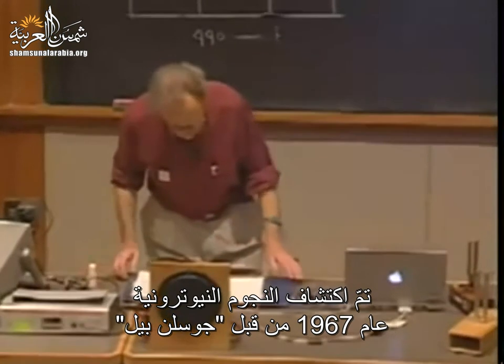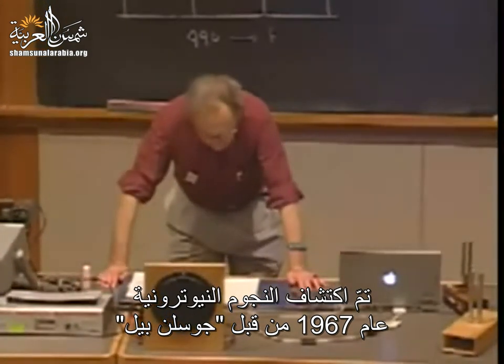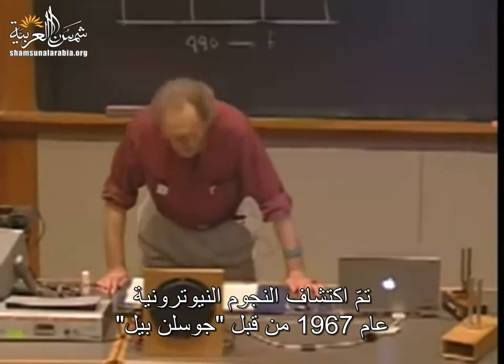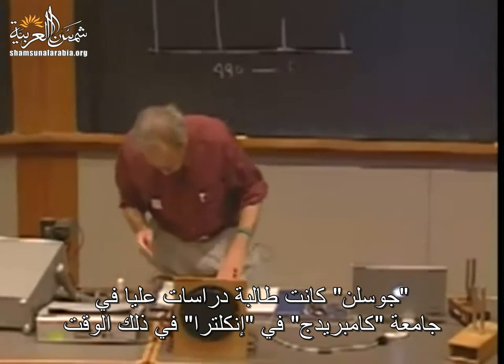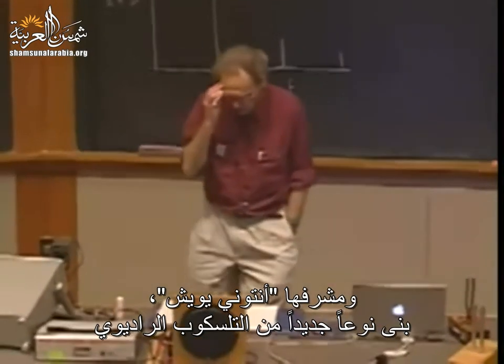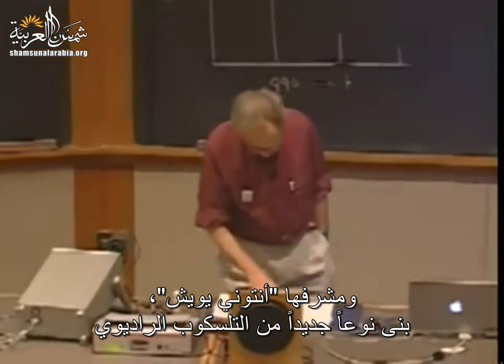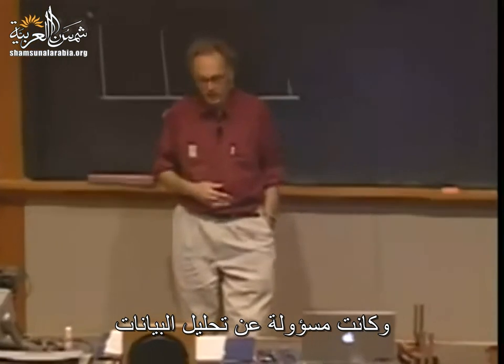Neutron stars were discovered in 1967 by Jocelyn Bell. Jocelyn was a graduate student in Cambridge, England at the time, and her supervisor, Anthony Hewish, had built a new type of radio telescope, and she was in charge of analyzing the data.